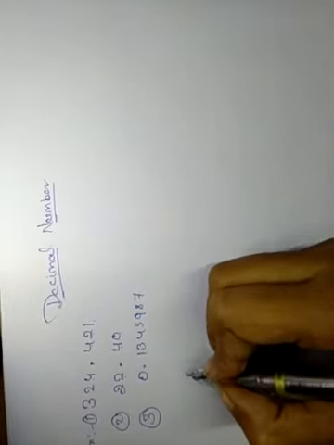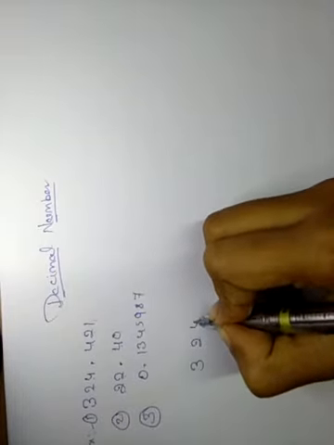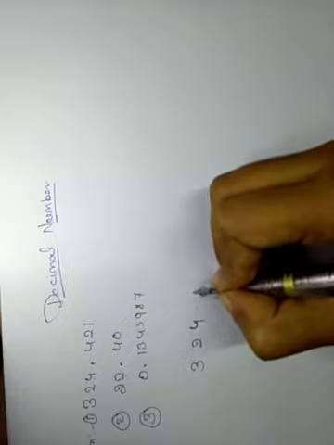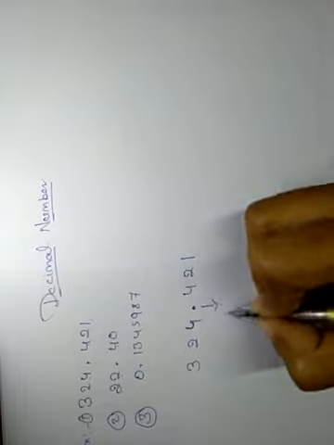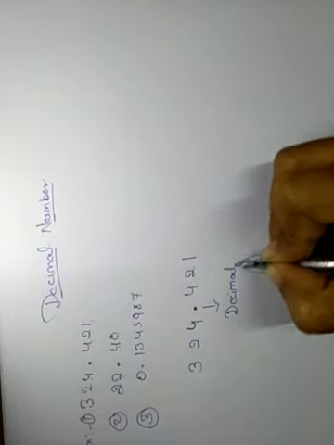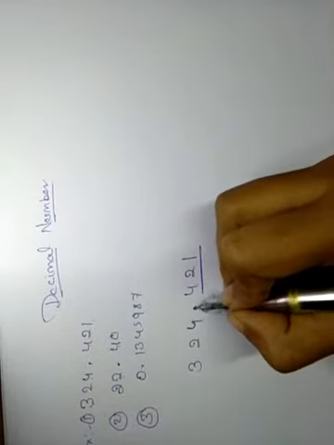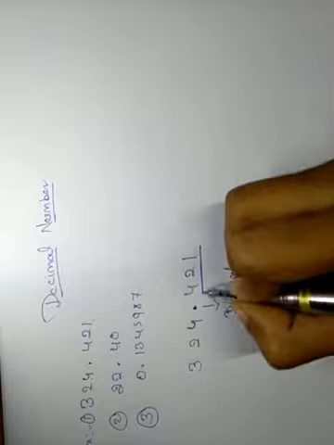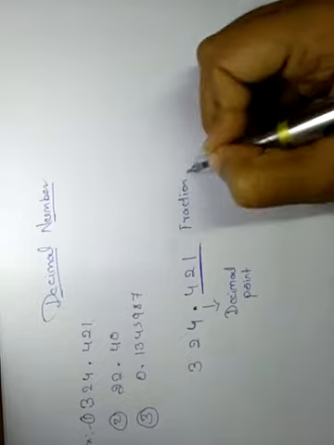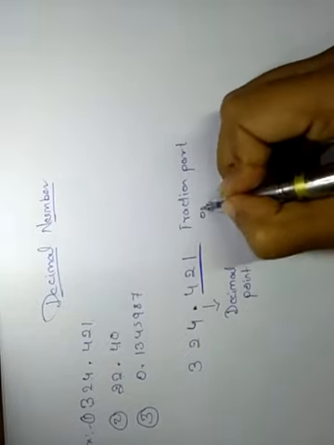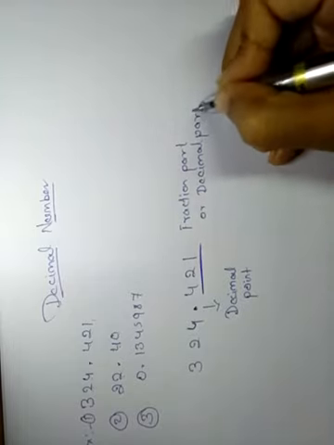Now let us know some more information about decimal numbers. Here, 324.421. This is called a decimal point, and this part after the decimal point is called the fraction part or decimal part, right?